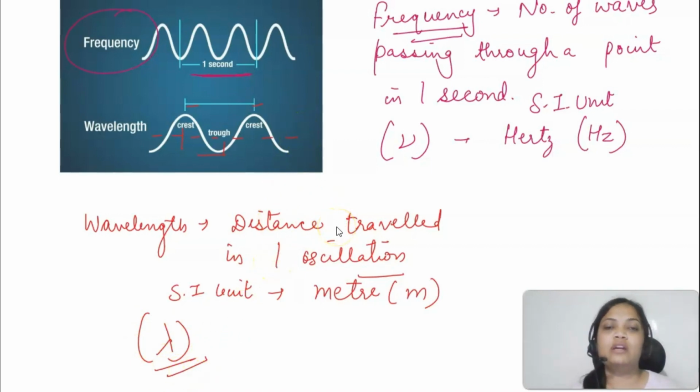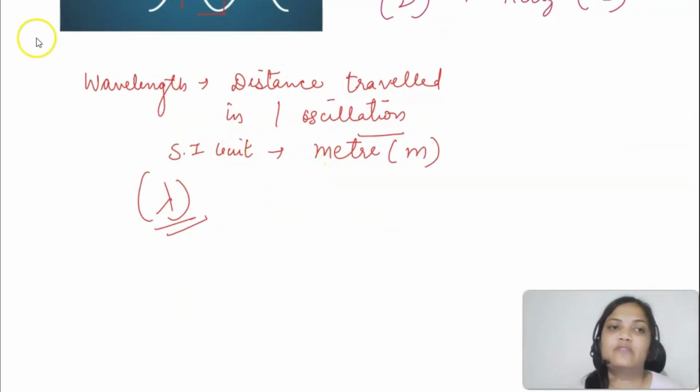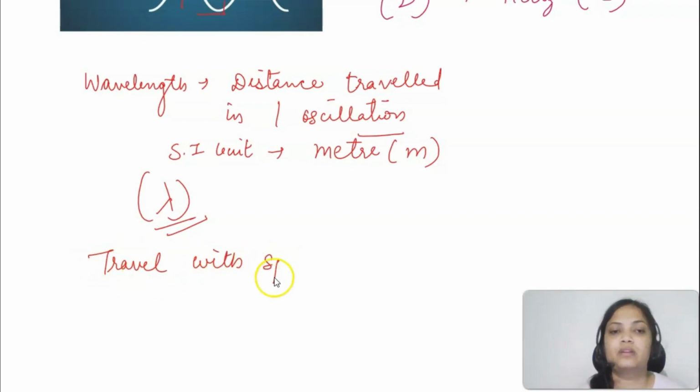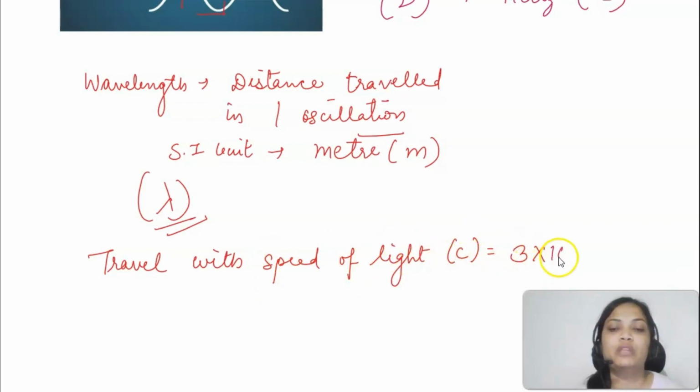Now that you have understood frequency and wavelength, I want to tell you one more thing: electromagnetic radiations in vacuum travel with the speed of light. Speed of light is denoted by c, which is 3 into 10 to the power 8 meter per second.